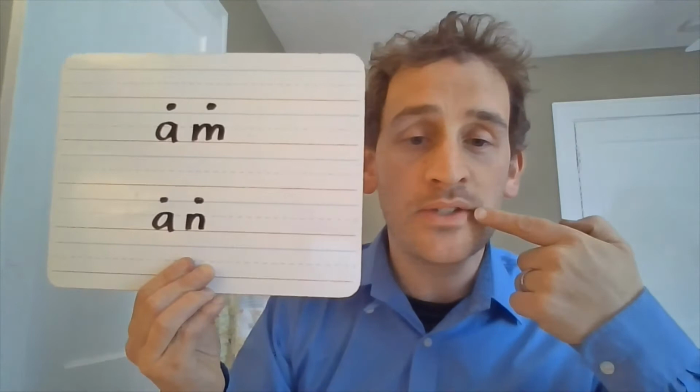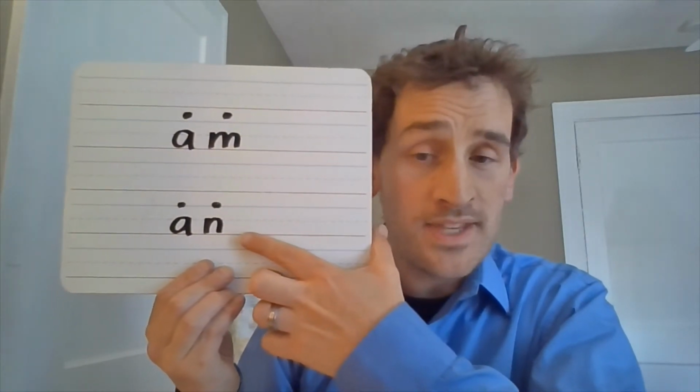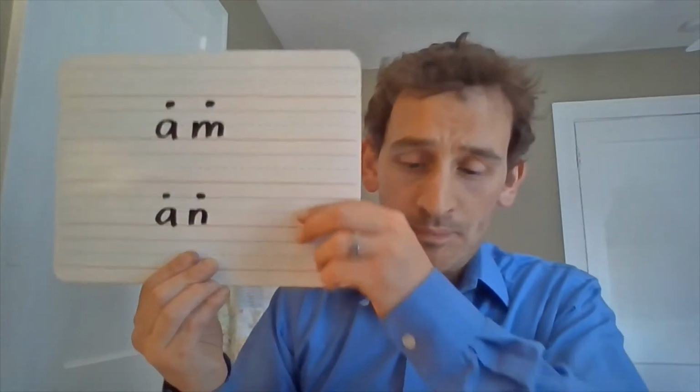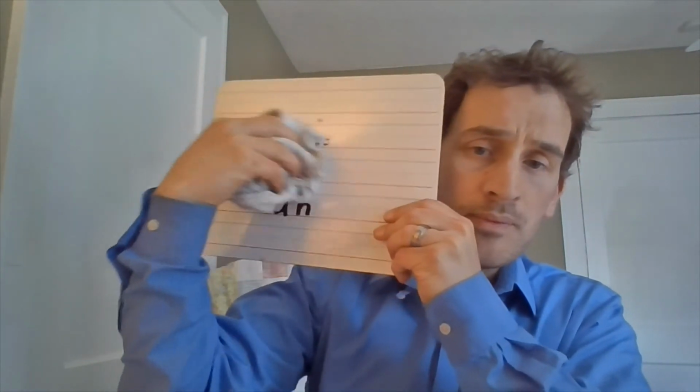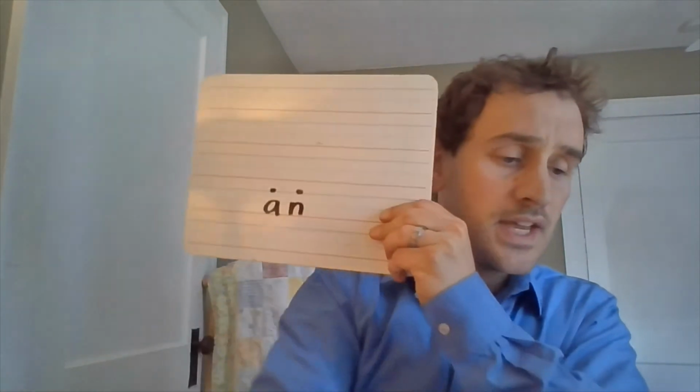Look at my mouth when I do the 'm'. My lips are closed. You try. But when I make the 'n' sound my mouth is open and my teeth are almost together. It's different, right?